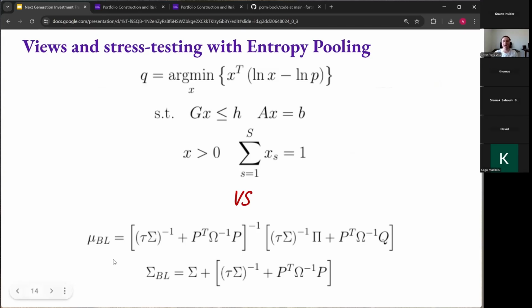So instead of relying on the Black-Litterman model, which relies on the normal distribution assumption and has this strange tau parameter that introduces some logical inconsistencies, we have this fully general and theoretically sound views and stress testing method. Entropy pooling at its core is a minimization of the relative entropy or the KL divergence.